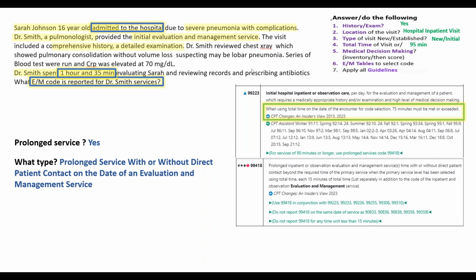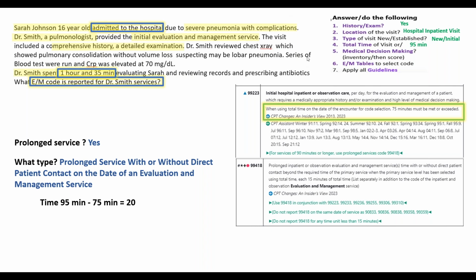And to code 99418, the prolonged inpatient code: prolonged inpatient or observation evaluation and management service time with or without direct patient contact beyond the required time of the primary service when the primary service level has been selected using total time. Each 15 minutes of total time must be met.